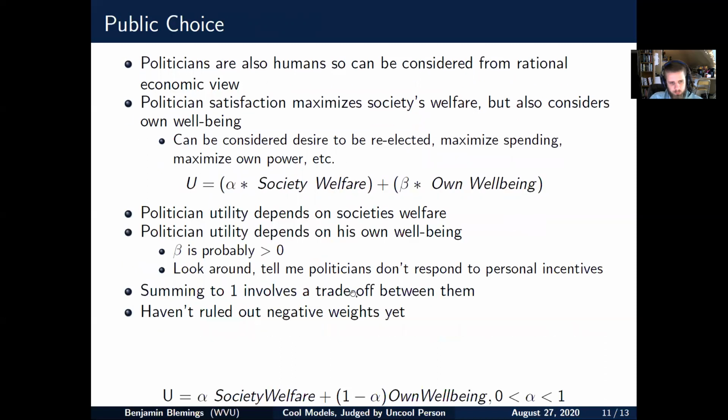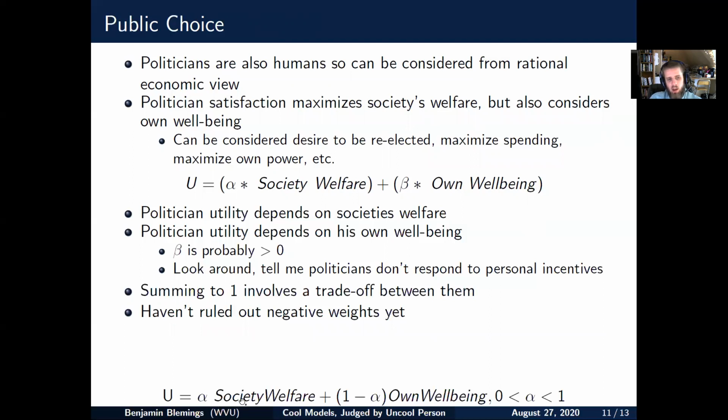And we could even be more specific with our model. Currently this assumption of alpha greater than 0, beta greater than 0 doesn't put a lot of restriction on the problem to give you a more intuitive insight.